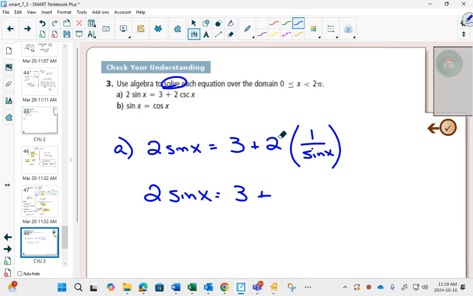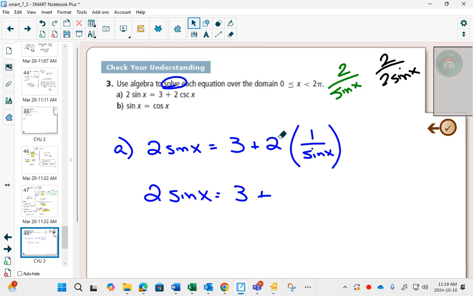Because sometimes students write this. Here, I'll do 2 possibilities. Sometimes students write this, and in black, sometimes students write this. So ask in your head what you would do if you were multiplying that 2 by 1 over sine x. Okay?